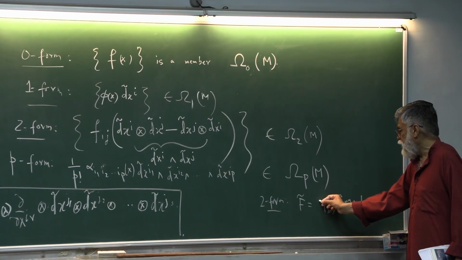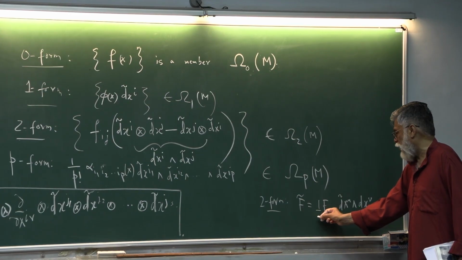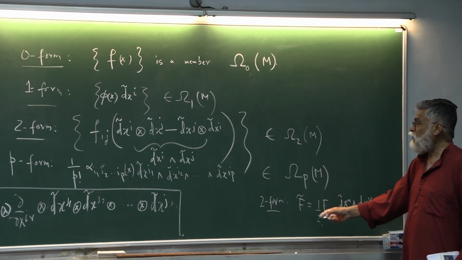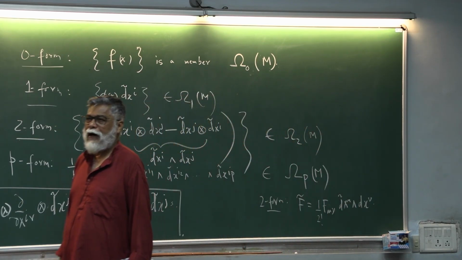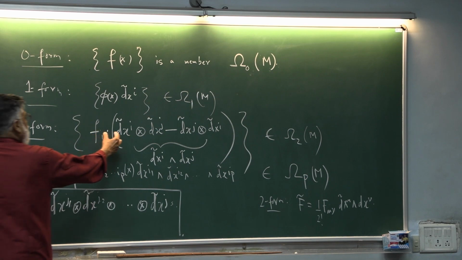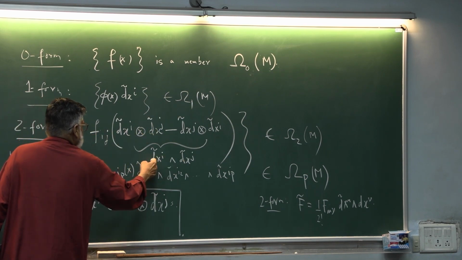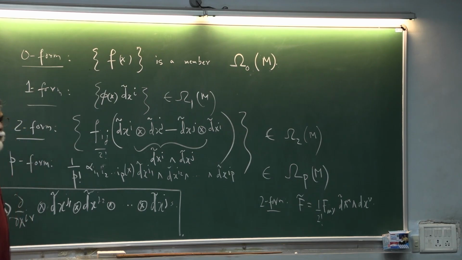That's the reason, to avoid overcounting, you have 1 over 2, which is the same as 1 over 2 factorial. And that's why you have this p factorial in order to avoid overcounting. Okay, so in that 2 form it will be Fij by 2 factorial? Exactly, exactly. Because I had introduced this notation, but when you use this notation, there will be a 2 factorial.